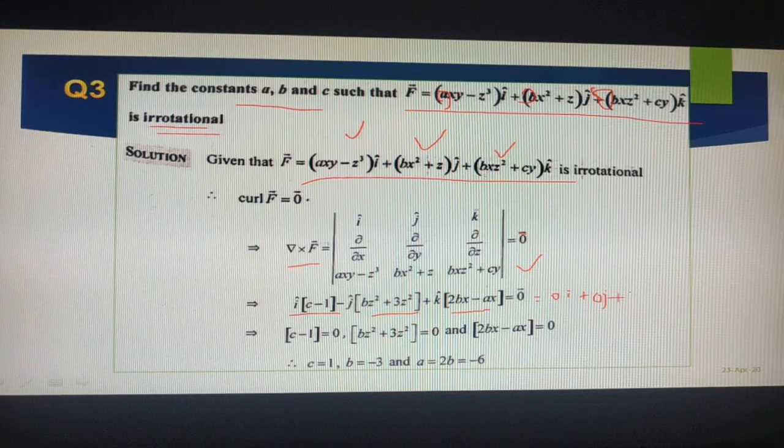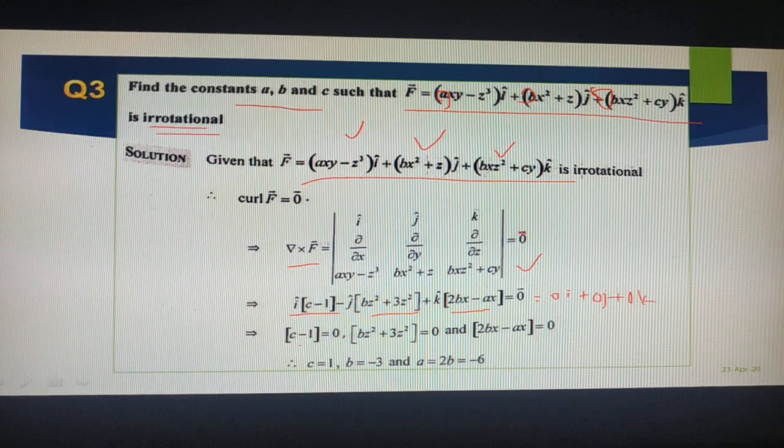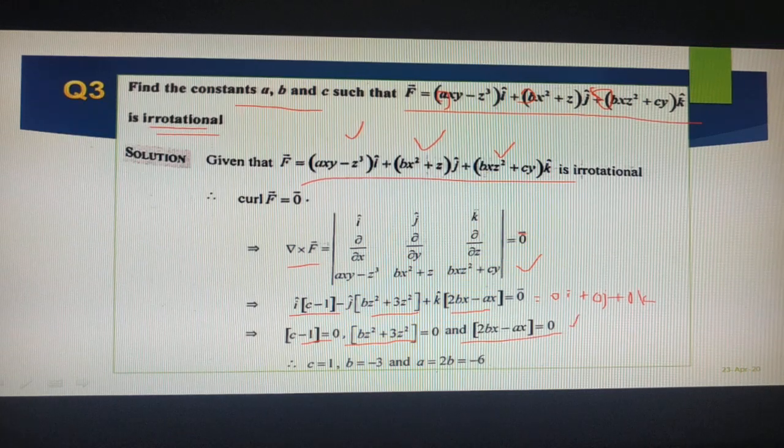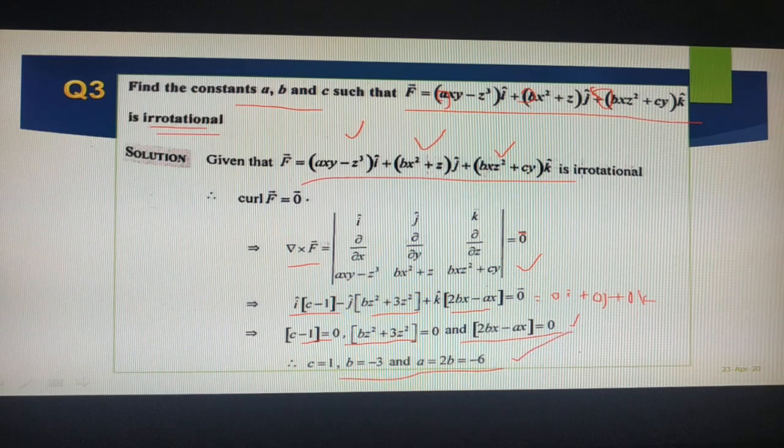So it's a zero vector. Then we can equate both sides. So c minus 1 is equal to 0, bz square plus 3z square is equal to 0, 2bx minus ax is equal to 0. If we equate and substitute one in another, we will get all these three values.